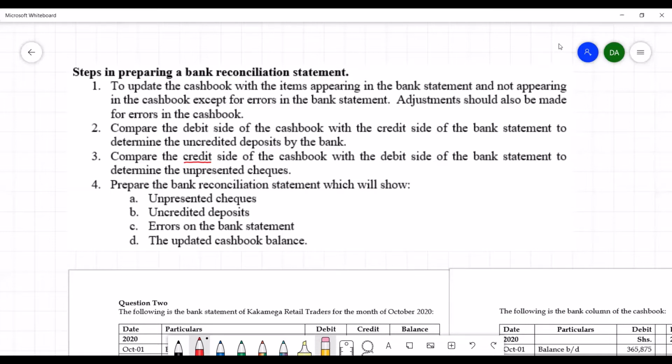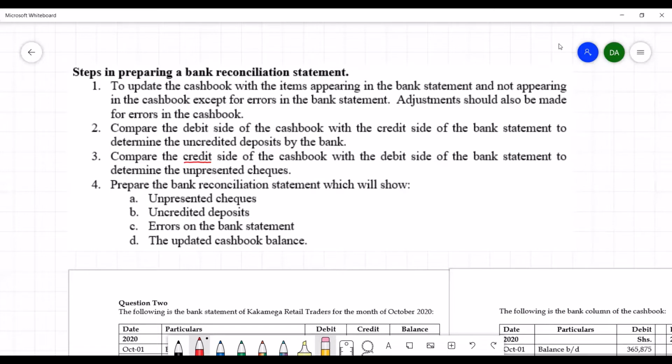But in a case that the creditor has not presented the check for payment, then such a check is called an unpresented check. And that is to mean that the amount has not yet been withdrawn from the bank.